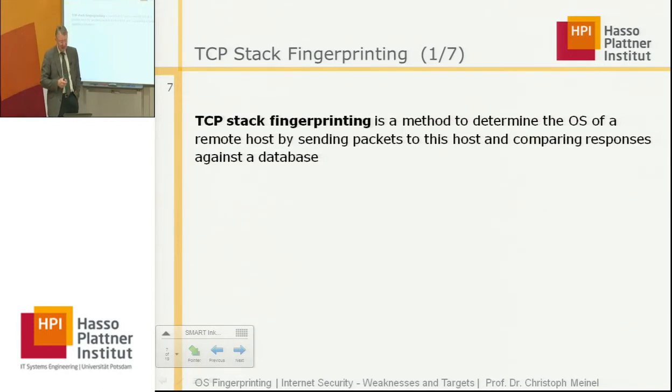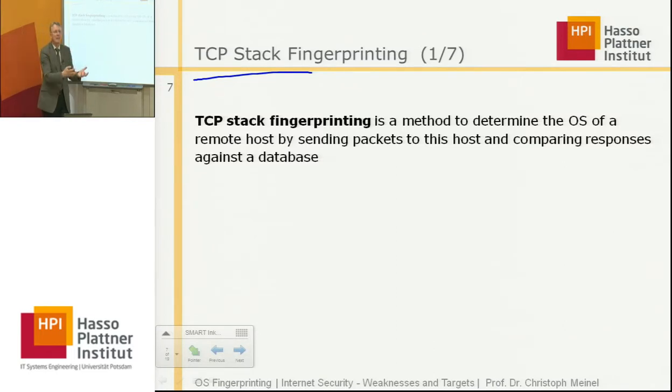Let's have a look at another method to perform operating system fingerprinting, that is TCP stack fingerprinting. The TCP protocol, this is the IP protocol, runs on top of different operating systems.